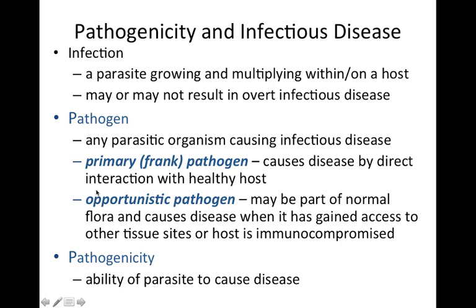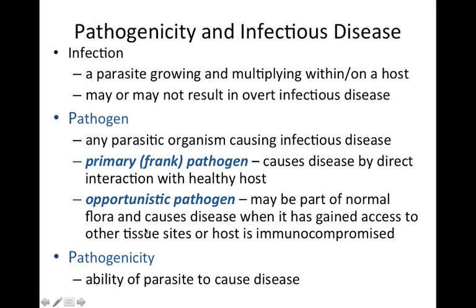There are terms that we use with respect to a pathogen. A pathogen may always be a pathogen, so it causes a disease every time it comes in contact with the host, or it may be opportunistic, whereby it causes an infection when it gets the opportunity to do so. If it's part of the normal flora, it may cause an infection if it gets into a different tissue.